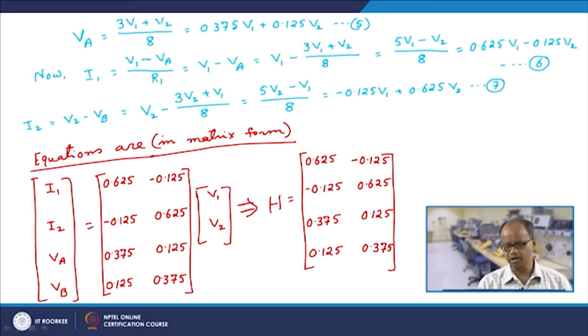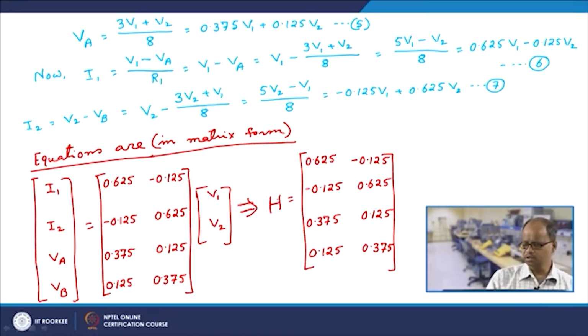This H matrix is always evaluated on the basis of circuit analysis. H matrix is nothing but the relation between the true values of the measured quantities and the true values of the unknown quantities, and that can only be obtained by circuit analysis of the system.